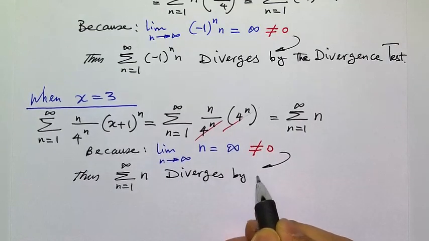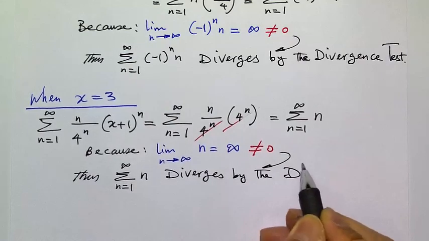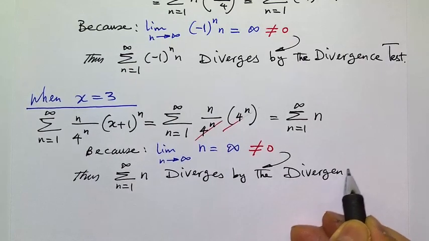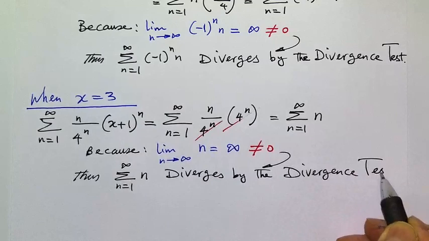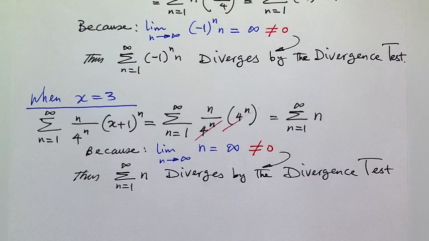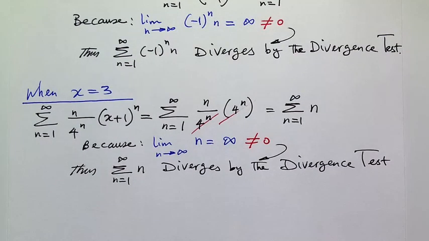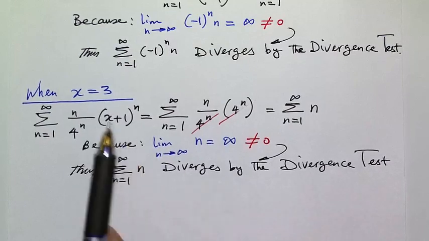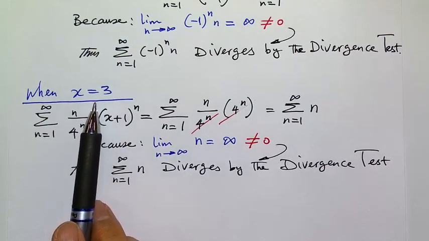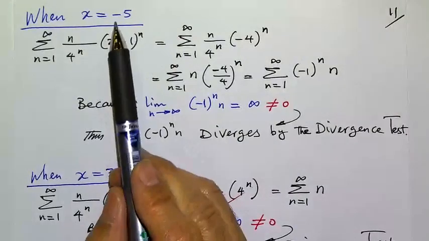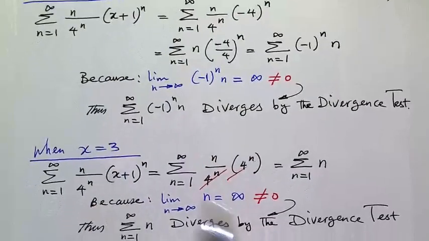It diverges by the divergence test. Okay, so we have a series that diverges at both endpoints, -5 and 3.